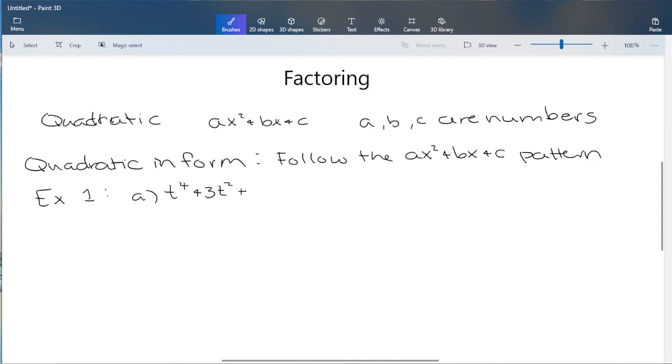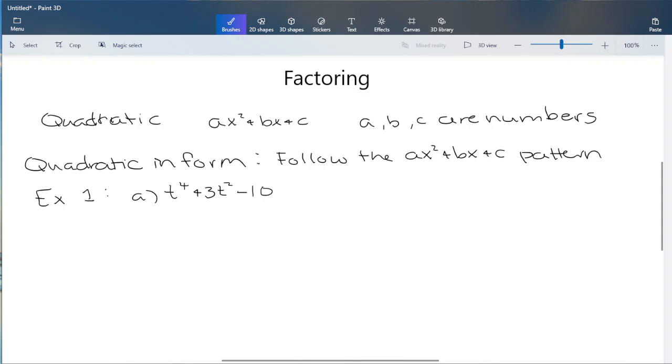Oops, I want that to be a subtraction symbol. Okay, now you can see that this is not exactly a quadratic, right? It's not x squared and then x and then number, okay? But that's what we want.